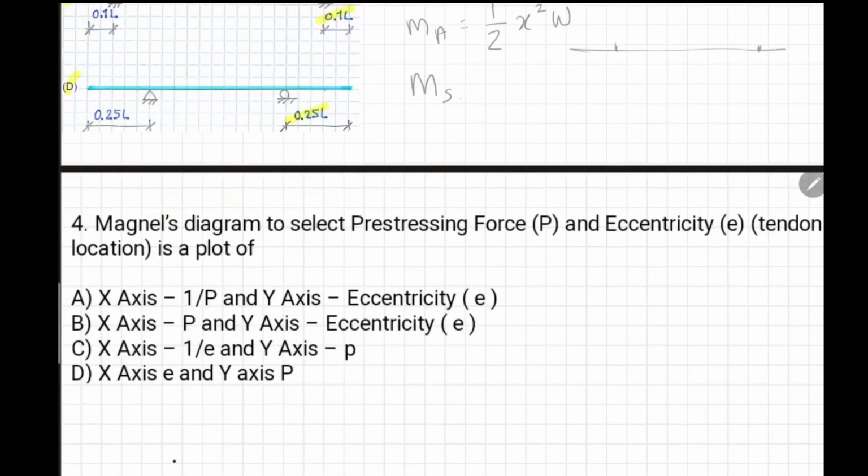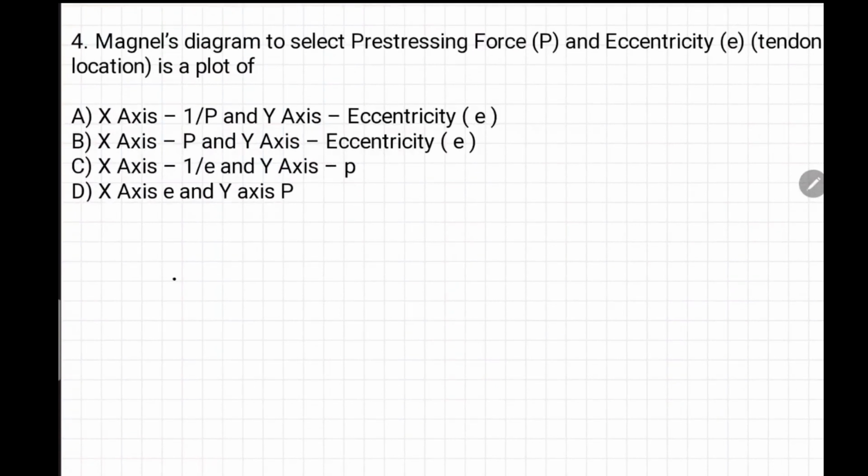Let's jump into the next question. Magnel's diagram for selecting pre-stressing force and eccentricity is a plot of. When we do pre-stress design, we check two stages: one is transfer and second is service.